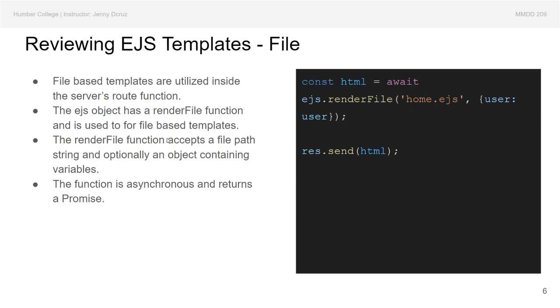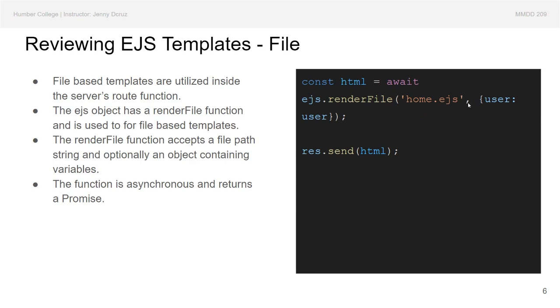So the renderFile function accepts a file path string and optionally an object. So this is our object, user. You don't always need to pass some data to it. Maybe you're running an about.ejs page. There is no multiple user data that you need to print out there. It's just some hard-coded information. In that case, you can just end your function with a round bracket over here.